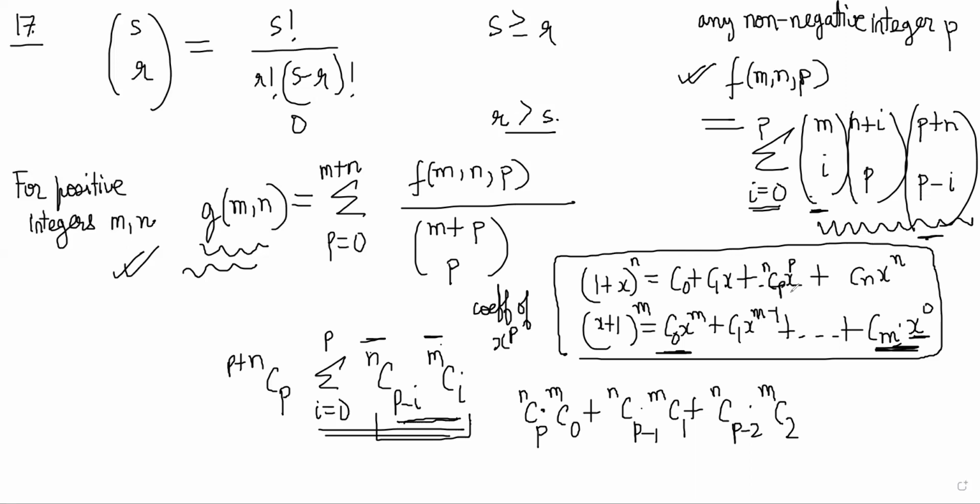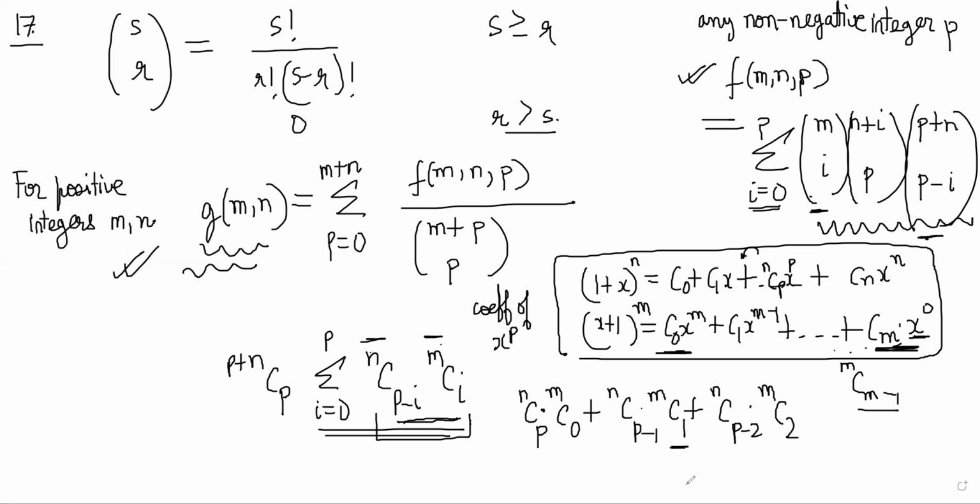Then p minus 1 will be one term before, we will multiply with the previous one, which is mC(m-1), the same thing as mC1, right? Are you understanding what is happening?